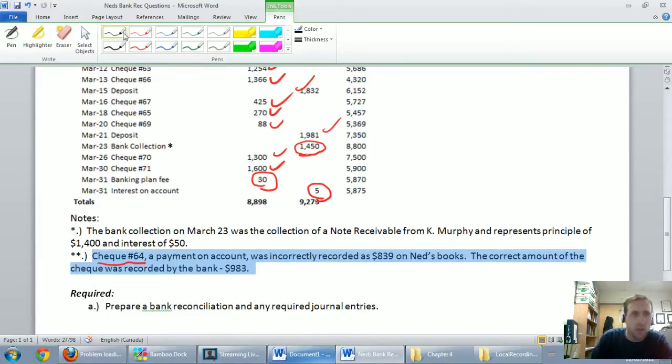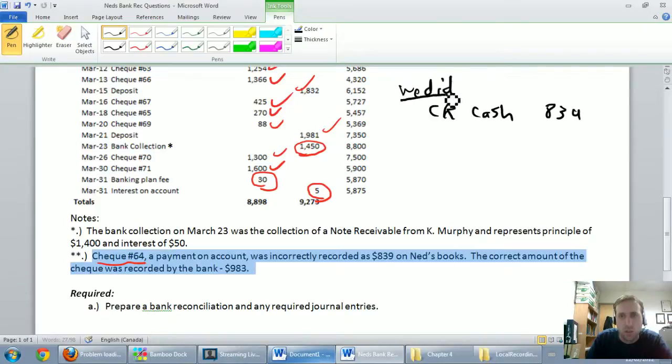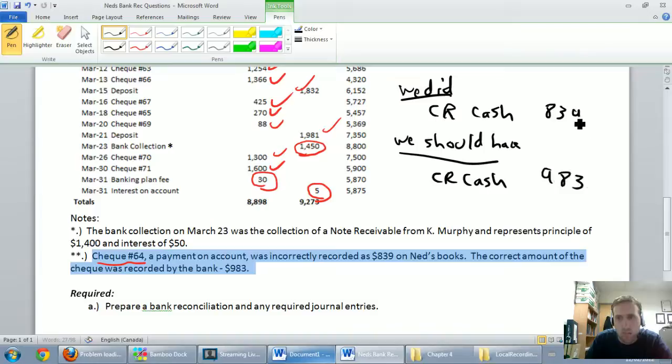So here's what we did: credit cash 839. We should have gone credit cash, what did the bank do? 983.